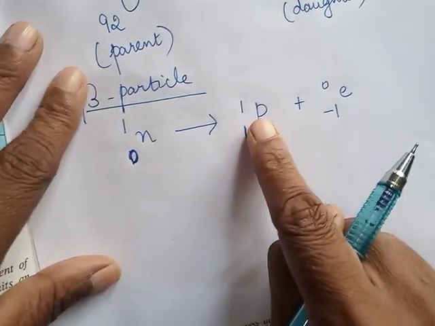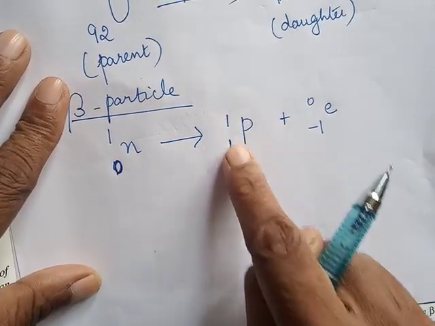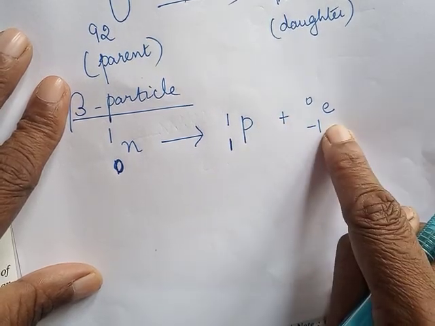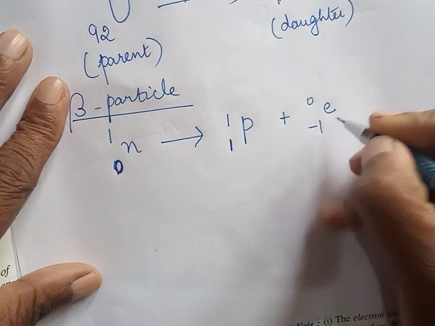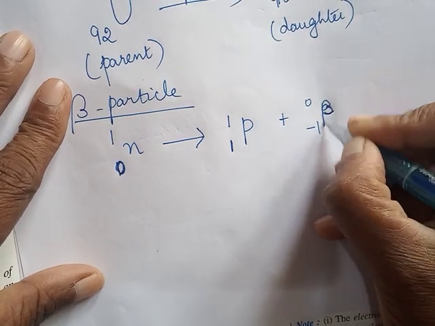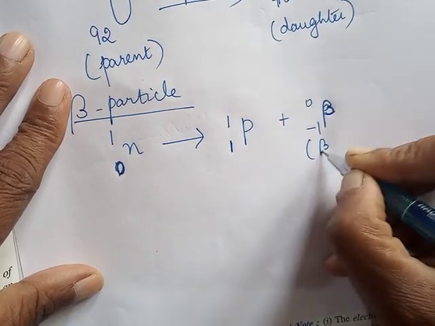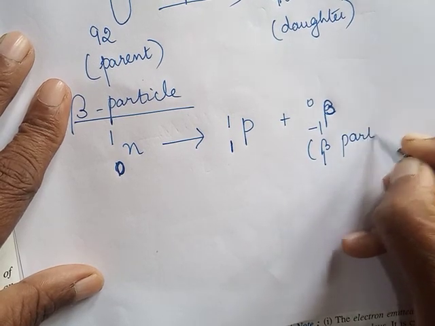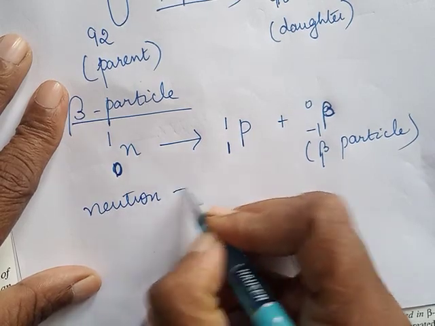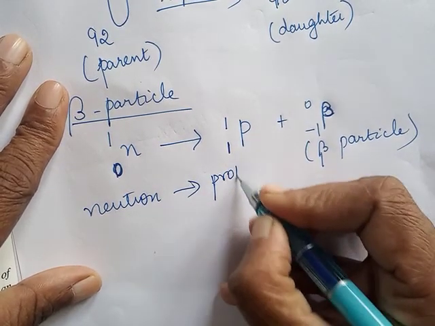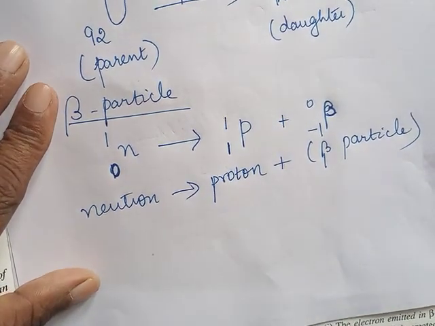Then it will change to a proton, whose mass number is 1, atomic number is 1, plus an electron. Now this electron comes out as a beta particle. Basically this electron only comes out as a beta particle. The neutron disintegrates into a proton plus a beta particle.